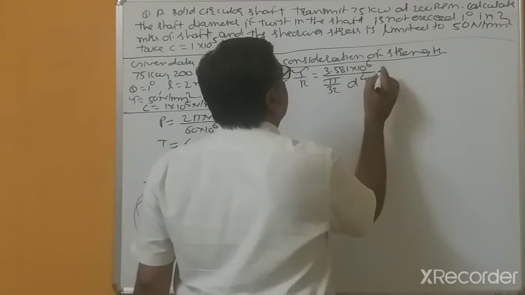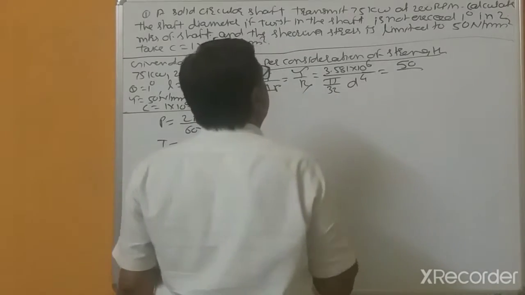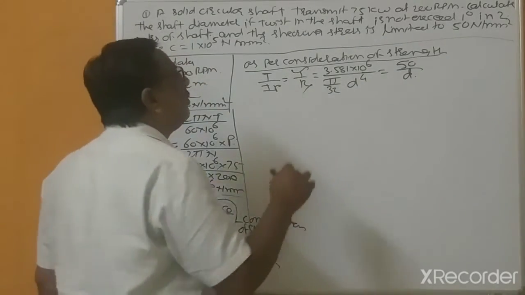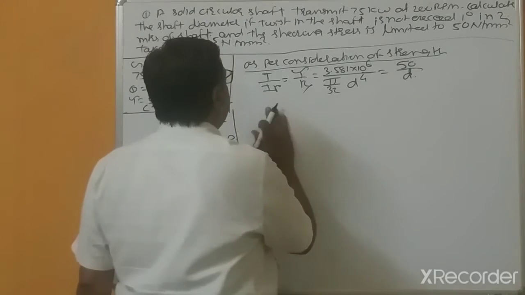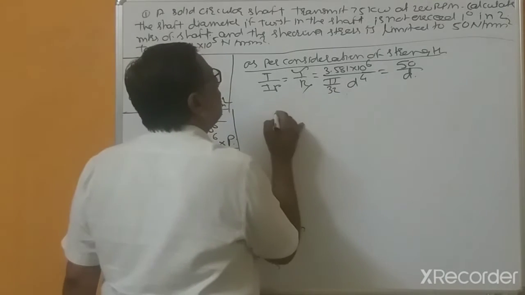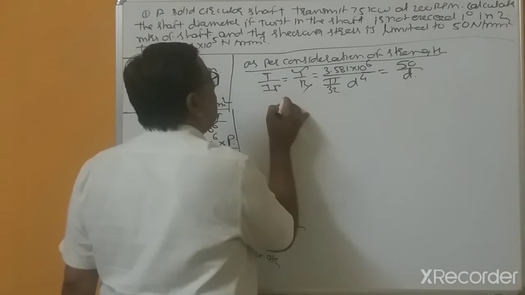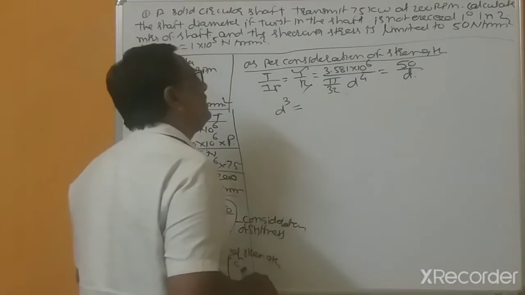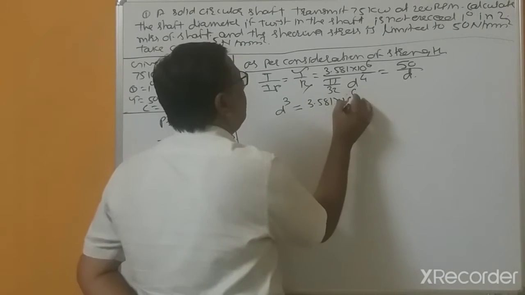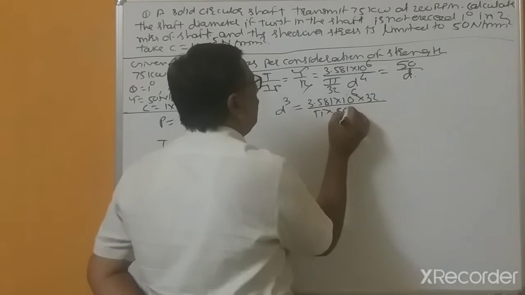So with tau equal to 50 and R equal to D by 2, D cubed equals 35.81 into 10 to the power 6 multiplied by 32 divided by pi into 50.